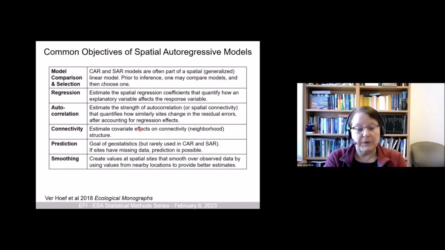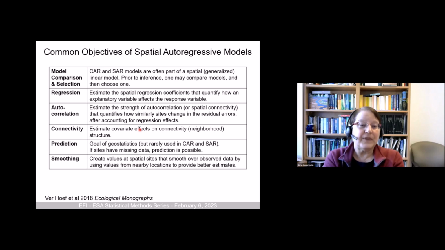In a recent paper with geographers and other very bright mathematicians and statisticians, this paper presents different common objectives that people can find with spatial autoregressive models, the CAR and the SAR. So this paper just stressed back to ecologists that those methods are available to us and not just to mathematicians, statisticians, or geographers that have been using them more than us.